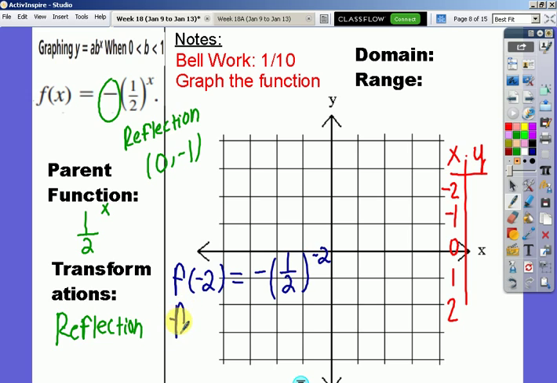So when I'm evaluating f of -2, all I do is I put it in the denominator. I still have a negative out front. That doesn't change. And I have a 1/2 squared. According to my order of operations, what do I do first? I take 1/2 and I do what with it?